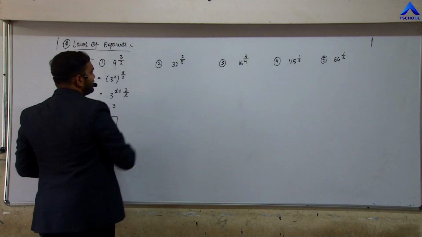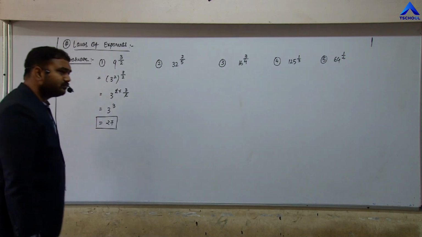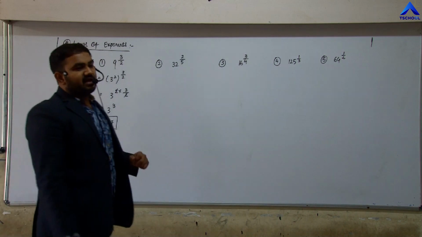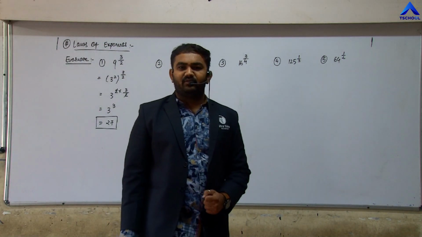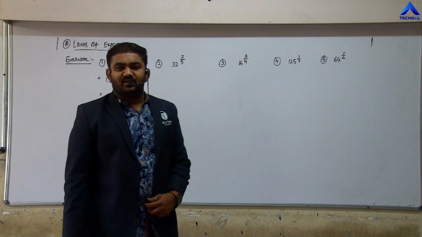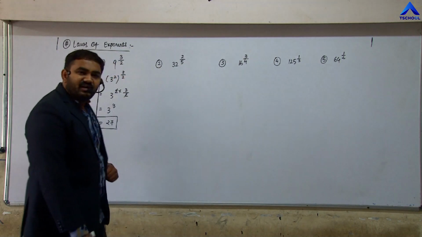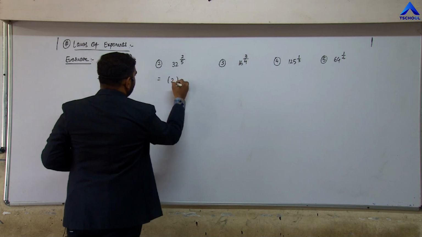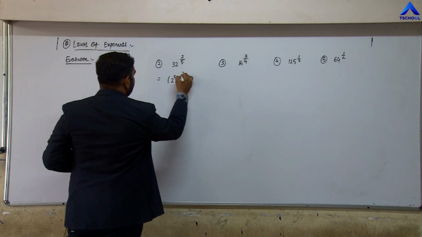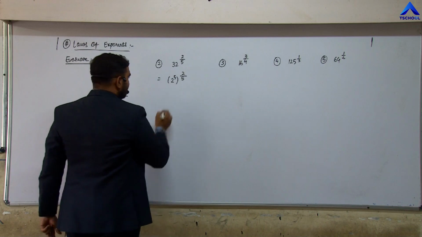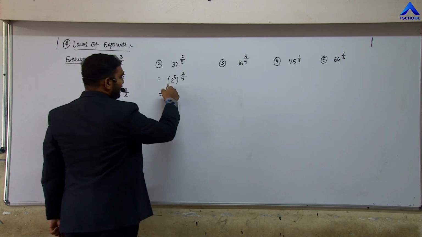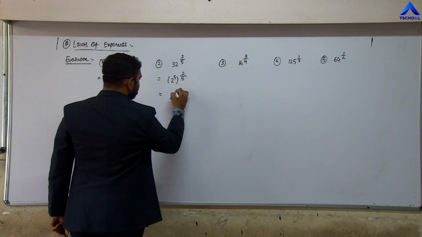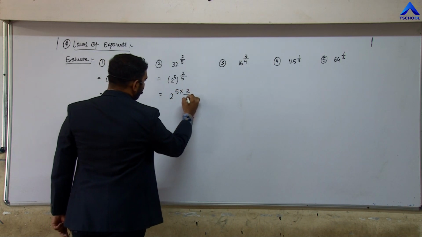Again, 32 raised to 2 by 5. I am going to take the base 32 and write it in powers such that it is the same as the denominator of the given exponent, that is 2 raised to 5 whole raised to 2 by 5. Again it is a raised to m whole raised to n, that is 2 raised to 5 into 2 upon 5.